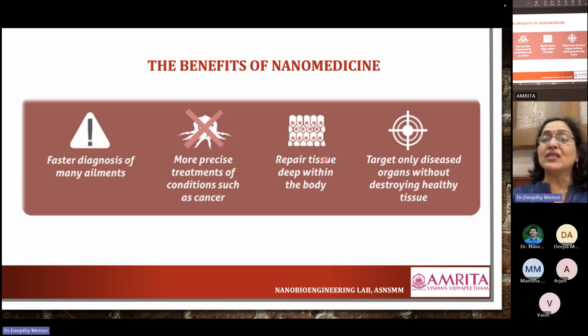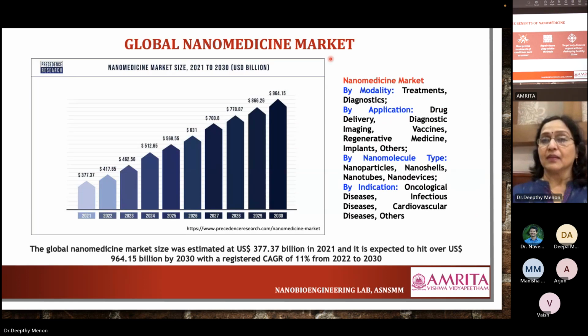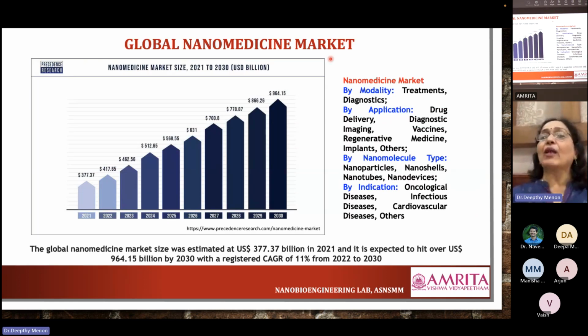You can repair tissues deep within the body, and targeting is one important aspect that is addressed by any nanomedicine, wherein we can conjugate any biomolecule on the surface of a nanoparticle or any nanomaterial and drive them specifically as a bullet. You can aim it at the diseased tissue. That in turn spares the normal tissues, and thus we can do away with a lot of side effects that are otherwise observed. For this reason, the global nanomedicine market is on the rise.